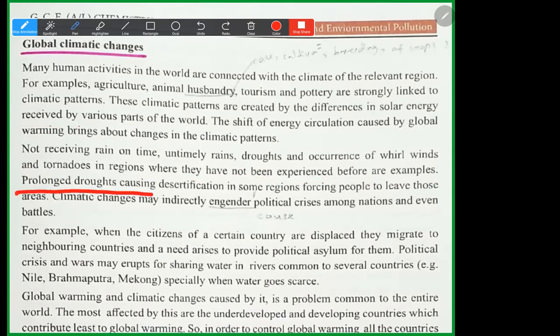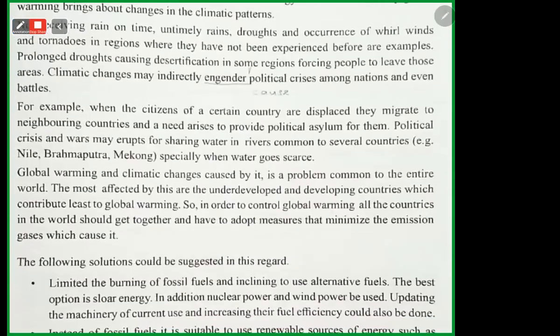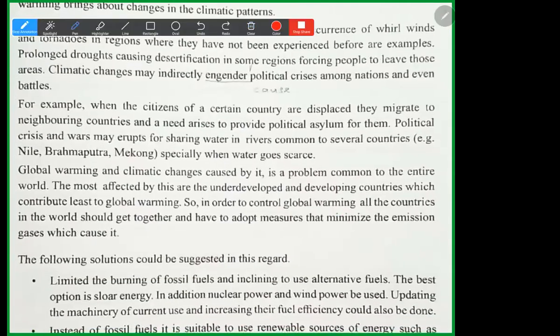Prolonged droughts causing desertification, formation of deserts in some regions, forcing people to leave those areas. Climatic changes may indirectly engender political crises among nations and even battles, because people are migrating from unsuitable areas.